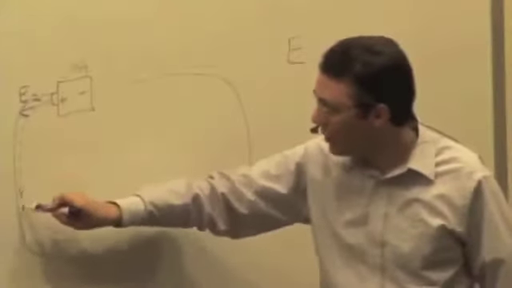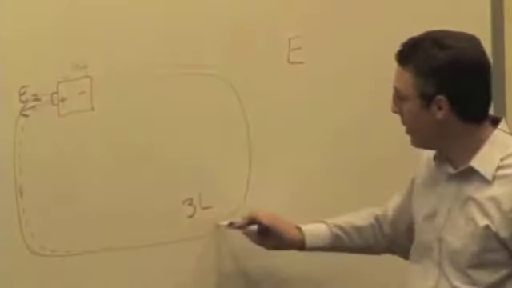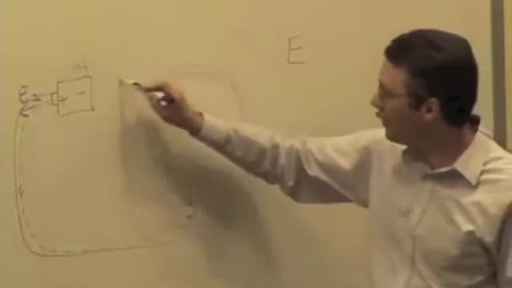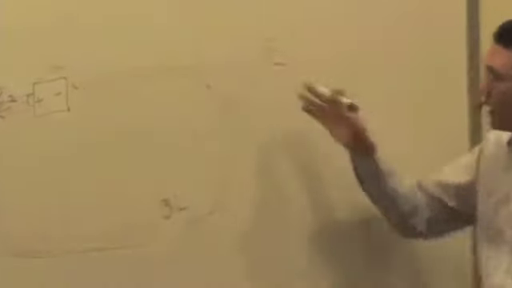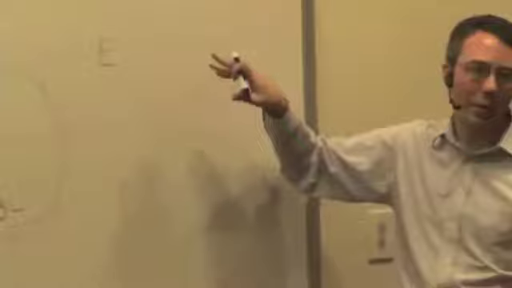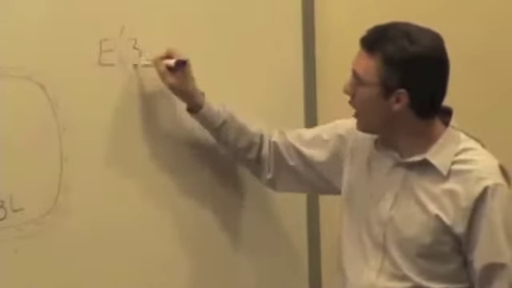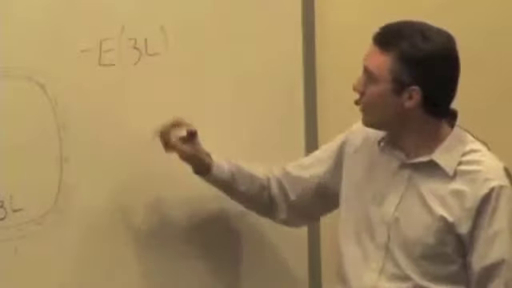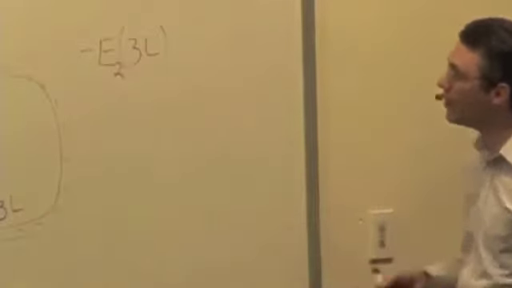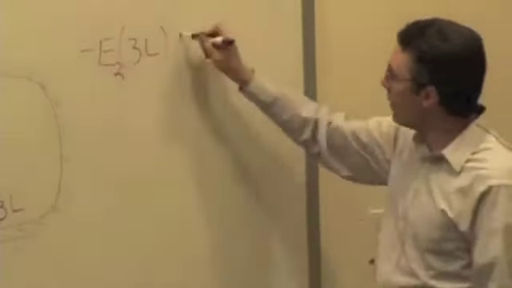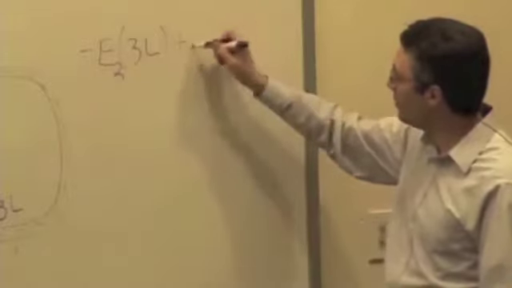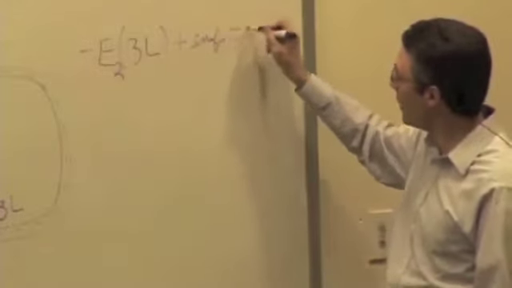I'm starting here, going around in that direction, along the direction of the electric field, so I get for the potential difference E times 3L. It's going to be negative E2 times 3L. We're calling this E2, okay? And then I go across the battery and I get another contribution of the EMF, right? Let's then set it equal to 0.